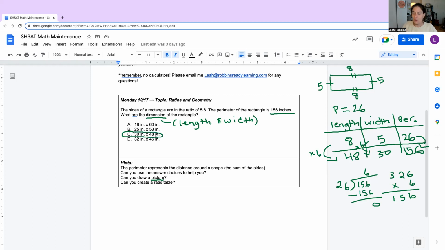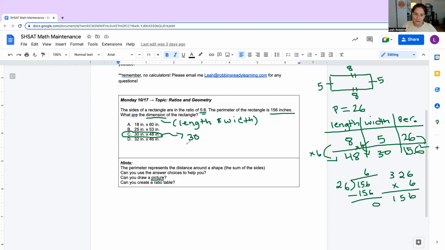Now, you might be saying, Leah, is there another way to solve this? Can I use the answer choices? And you absolutely can. So we know right from the beginning that the sides are in a 5:8 ratio. So the other thing that we could do is we can test out all of the ratios of these sides.